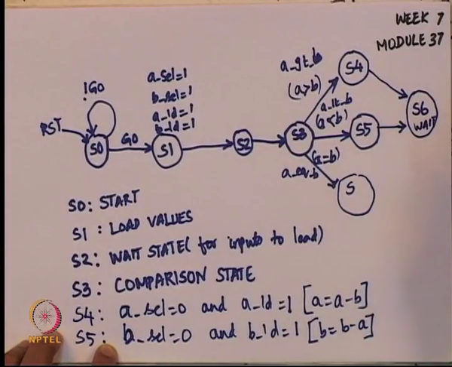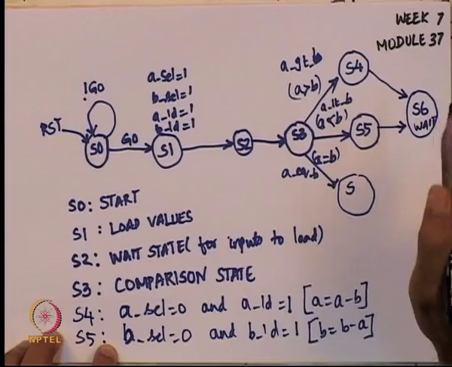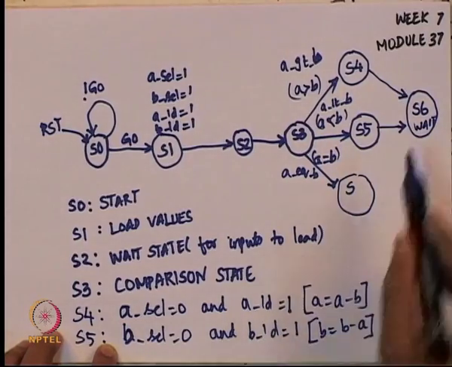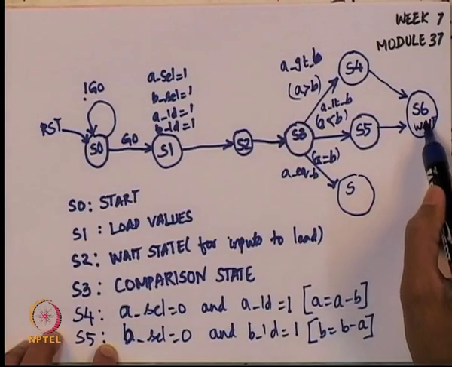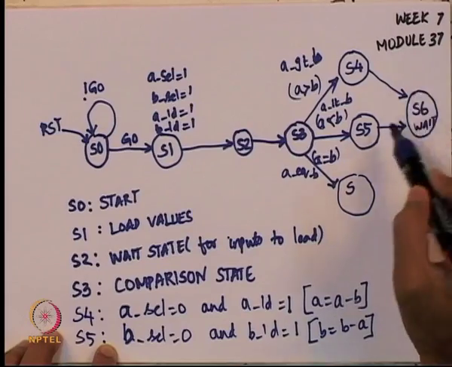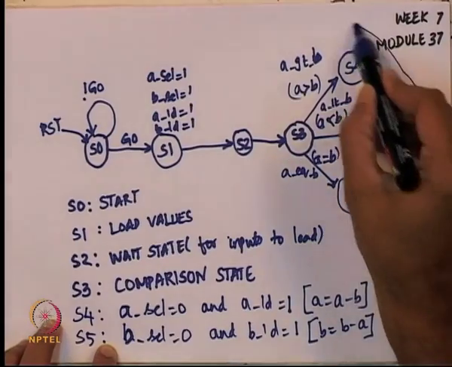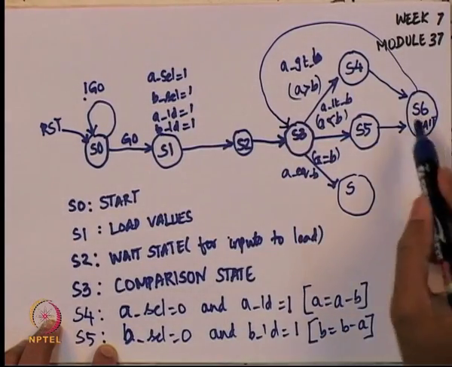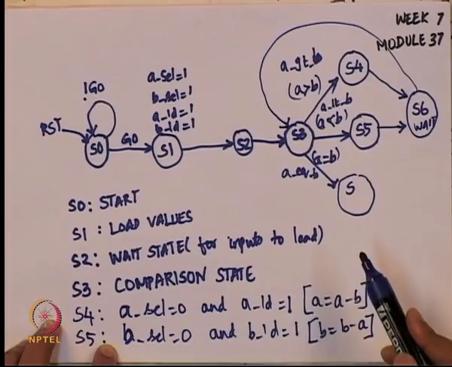So, a should get a minus b or b should get b minus a, and once I turn on the load equal to 1, only in the next cycle it will be available as output. Once it is available as output from the corresponding registers a or b, I am ready to compare them once more. So, that is what this state machine is supposed to do.